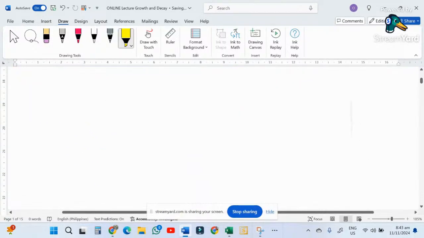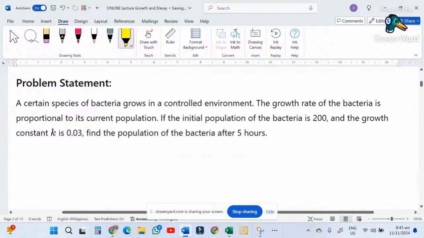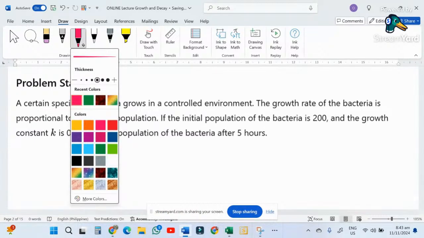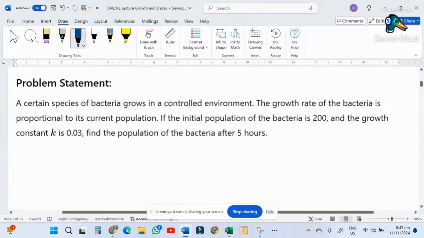Okay, so let's go to an example now. Problem statement, you can read with me. A certain species of bacteria grows in a controlled environment.